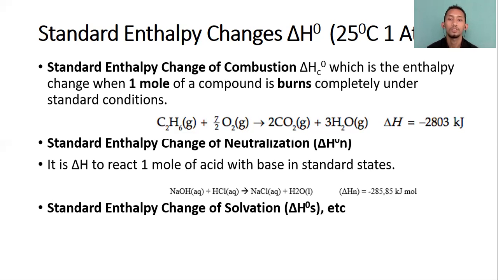They will produce NaCl as the salt and water. And that one is the delta H. And again, 1 mole, so the coefficient must be 1. Okay, so those are the 4 kinds of enthalpy changes that are usually used.